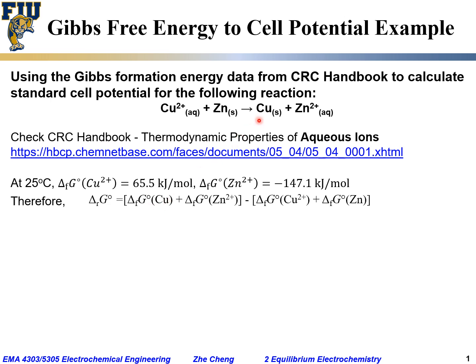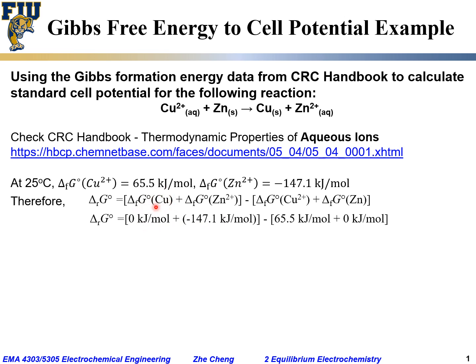Copper is our product, zinc 2+ is our product, and the stoichiometric coefficients are all 1 for copper and 1 for zinc. Minus for reactants, copper 2+ and zinc metal, similarly the stoichiometric coefficients are also 1 and 1 here. So this is what we write.